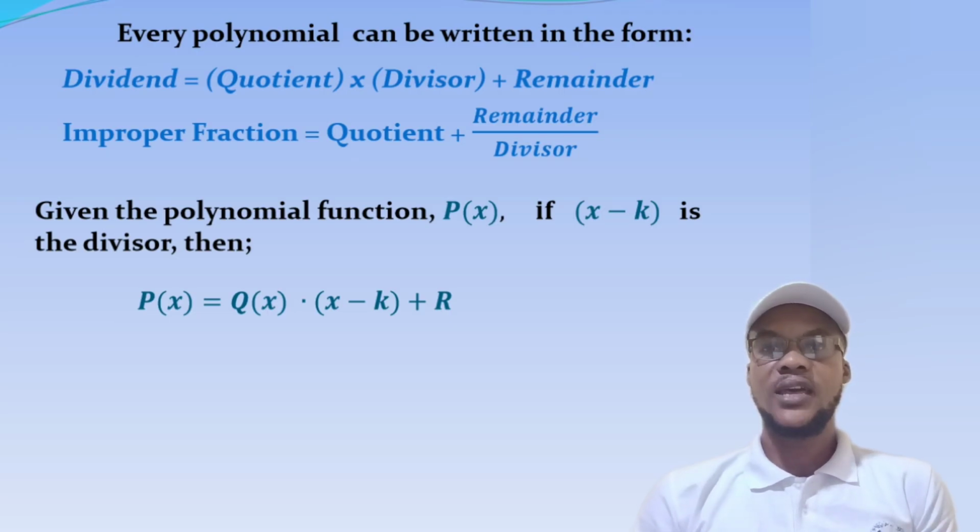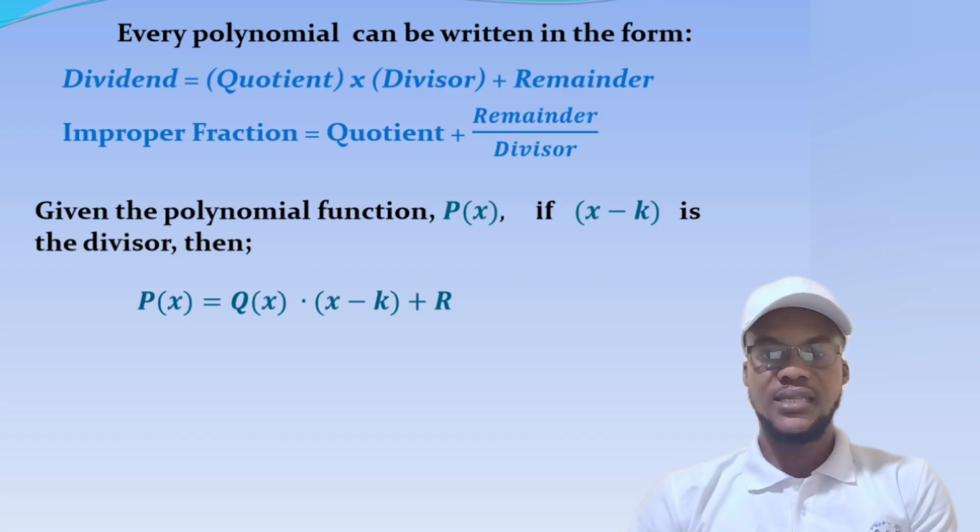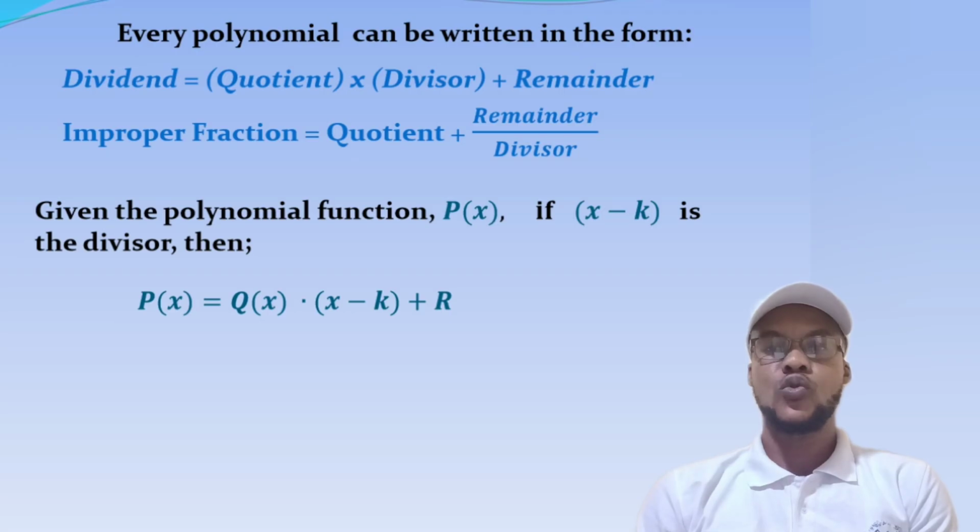The q of x represents the quotient, the capital R represents the remainder, and p of x is the polynomial function given. So every polynomial function, as long as it is divided by x minus k, can be written in this form.